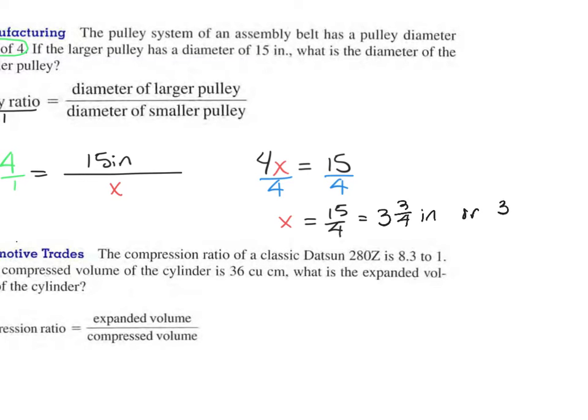Or I could write it as 3.75 inches. It just depends on what the question is asking for. Both of these are perfectly valid answers, but you do need to look to see what they're asking you for. Do they want it as a mixed number, or is a decimal equivalent okay?